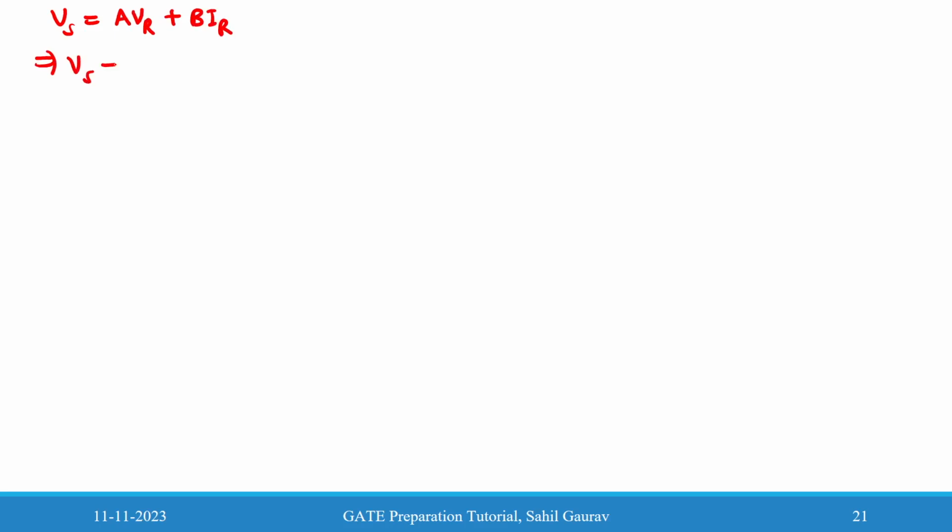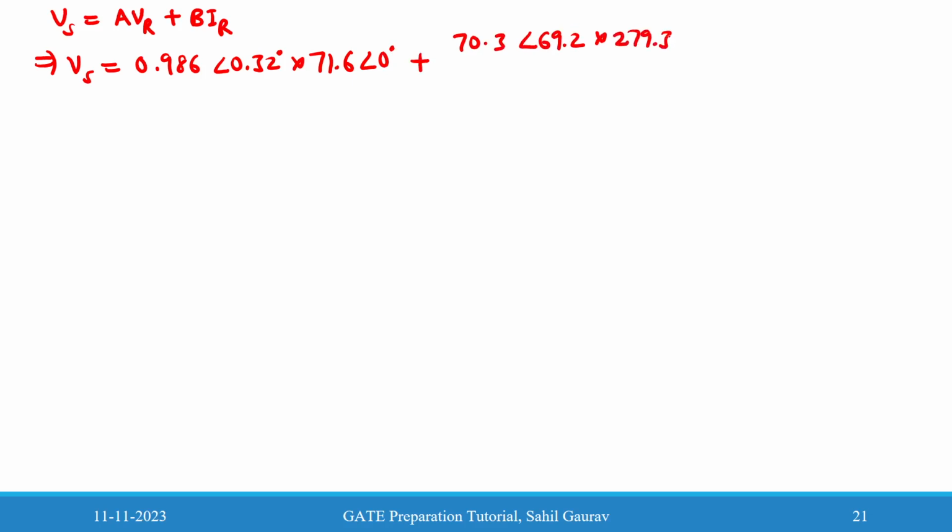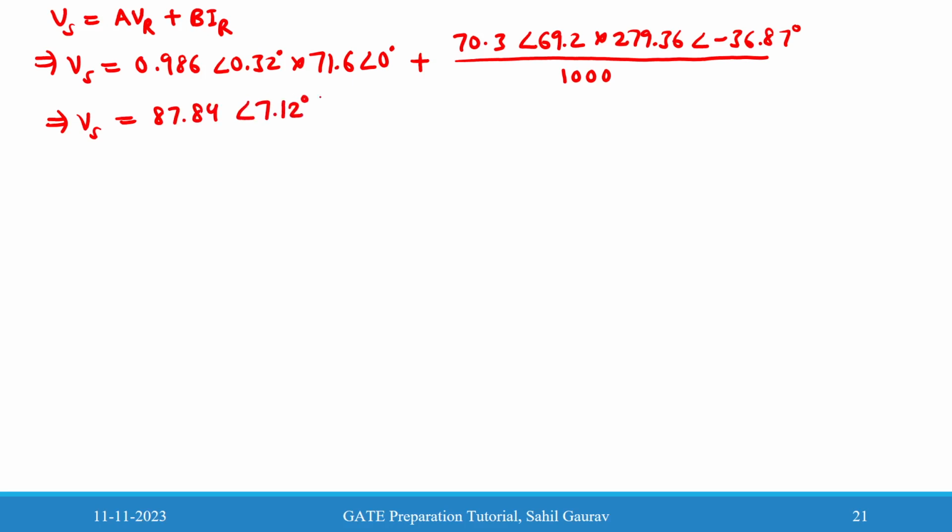So Vs is equal to 0.986 at the angle of 0.32 degree into 71.6 angle 0, plus 70.3 at the angle of 69.2 into 279.36 at minus 36.86, and for balancing the unit we have to divide by 1000 here, so that we can get it in kV. Vs is equal to 87.84 at the angle of 7.12 kV.